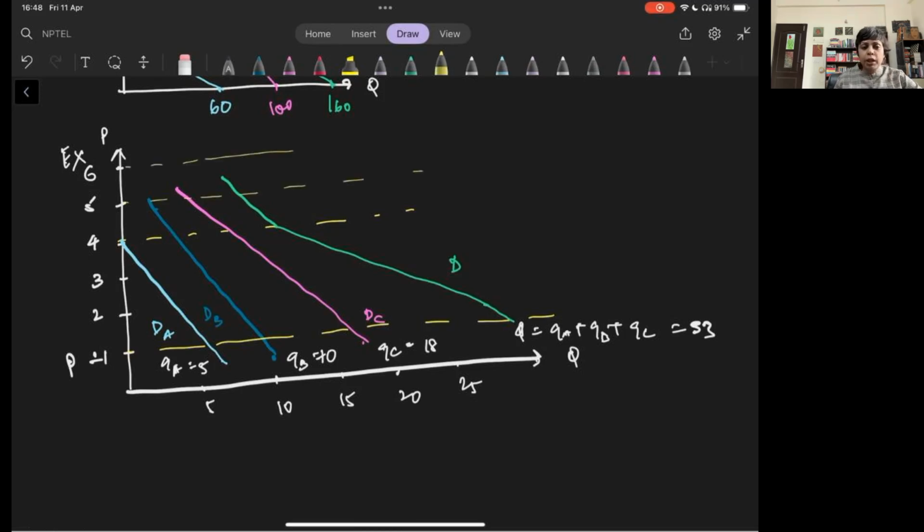For example, at P equal to 5, DA is equal to 0, right? Similarly, at P equal to 5.5, let's extend this till here, DA and DB are 0, right? So there will be at least some part of the demand curve which is going to be matching in slope to one of the individual demand curves, which is steeper.